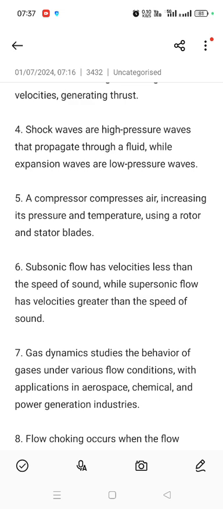In subsonic flow, M is less than 1, while supersonic flow has velocity greater than the speed of sound. In supersonic flow, Mach number is greater than 1, so flow velocity is greater than the speed of sound.